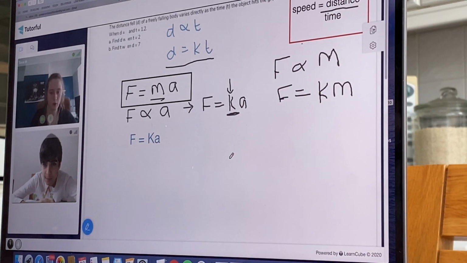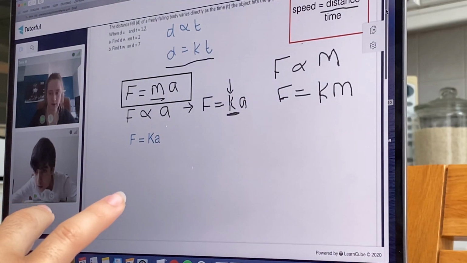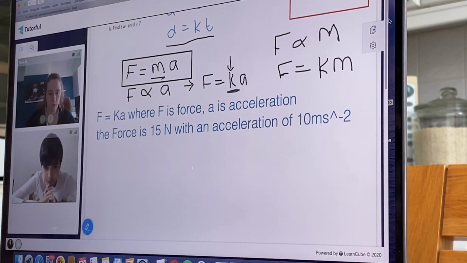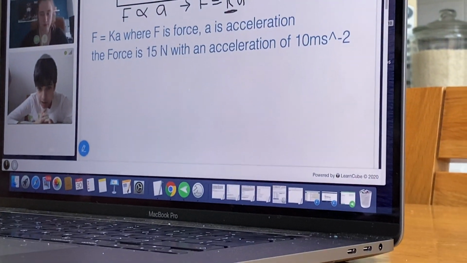The force is 15 newtons with an acceleration of 10 meters per second squared. F equals ka, where F is force, is 15.